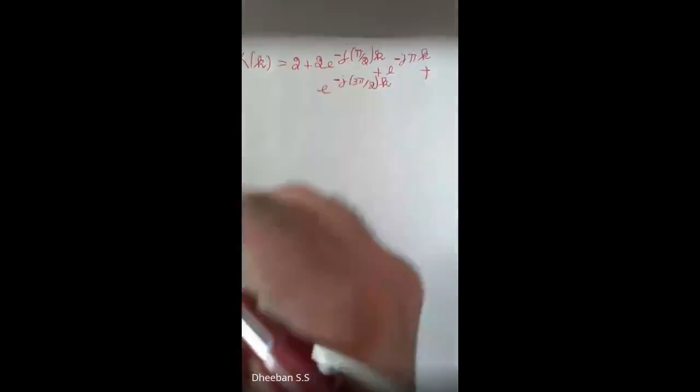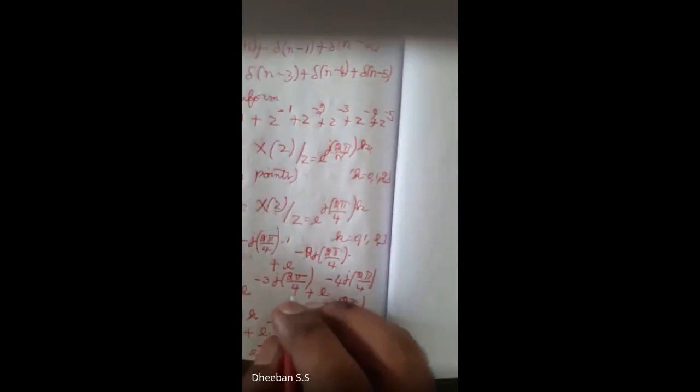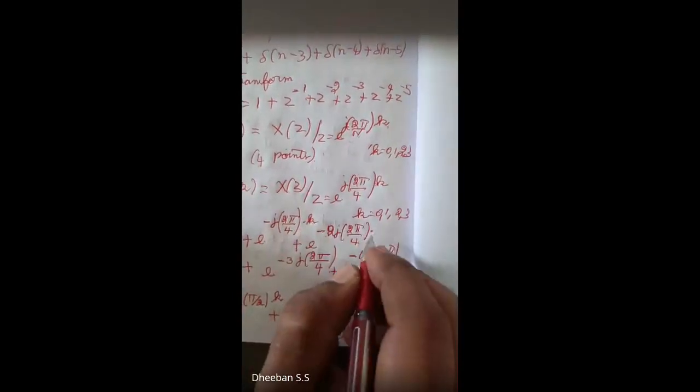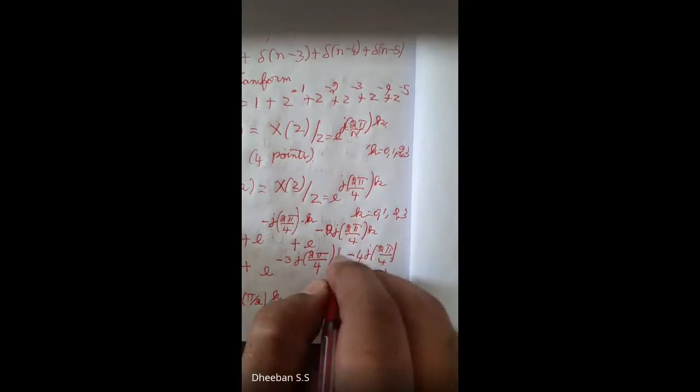Here the k value should be coming out, so I will write the k value, k, k.